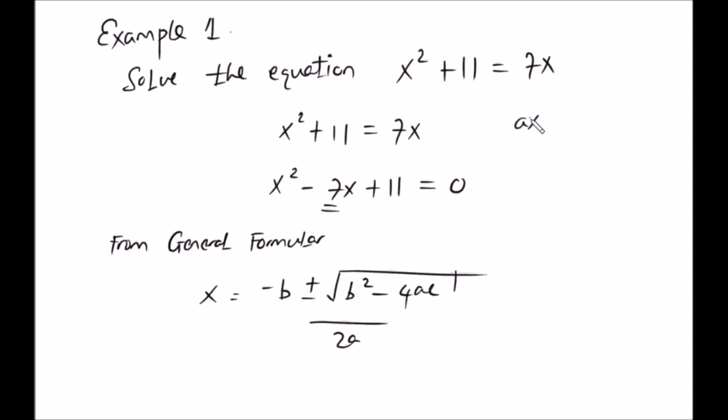So quadratic equations zinakuwaga hivi, ax squared plus bx plus c. So a hapa ni moja, our b ni hiyo negative 7 and our c is 11.